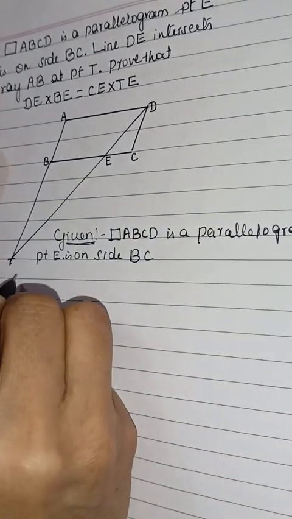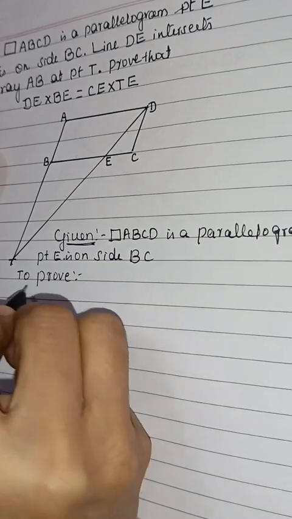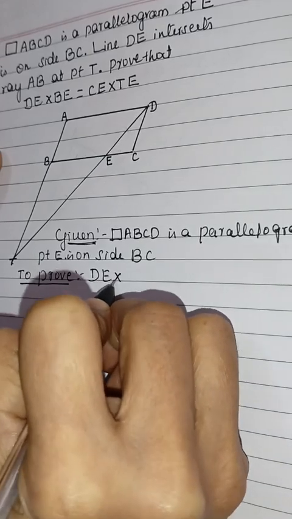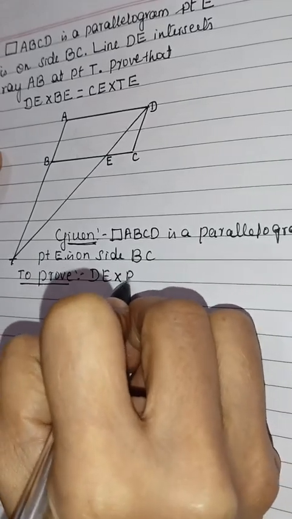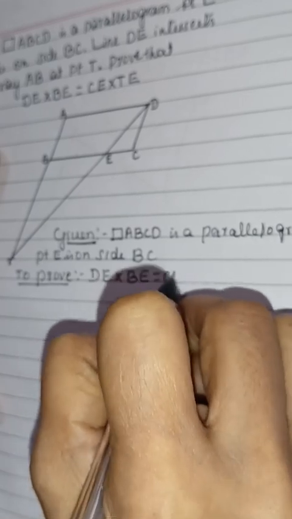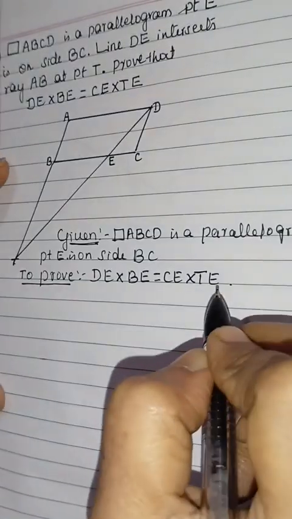Now to prove, what to prove? DE multiplied into BE equal to CE into TE. This we have to prove.